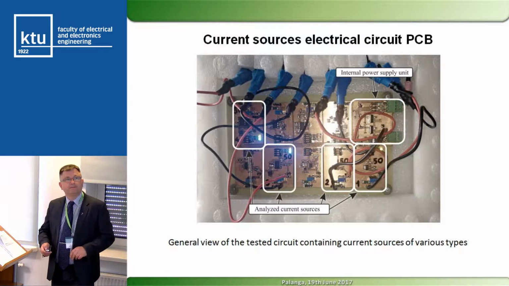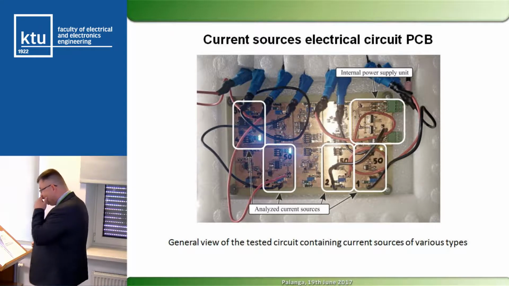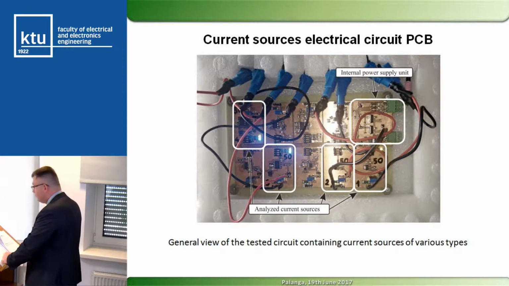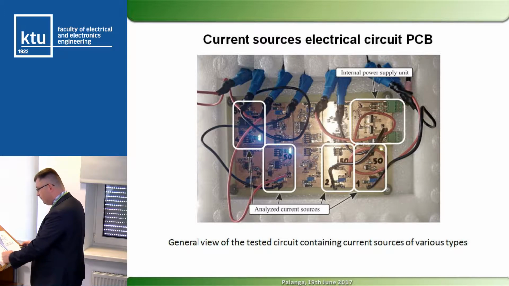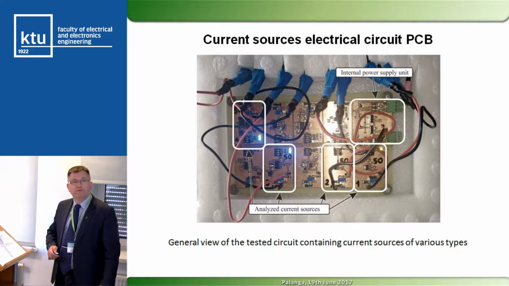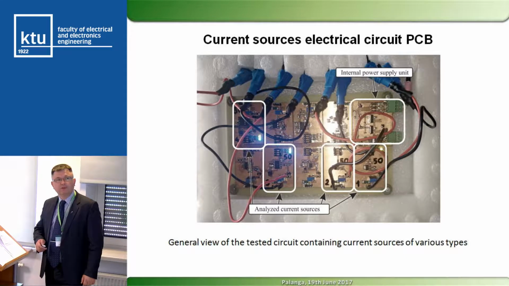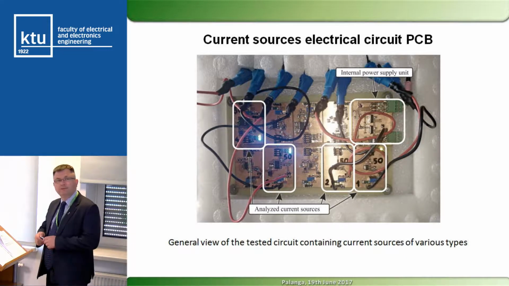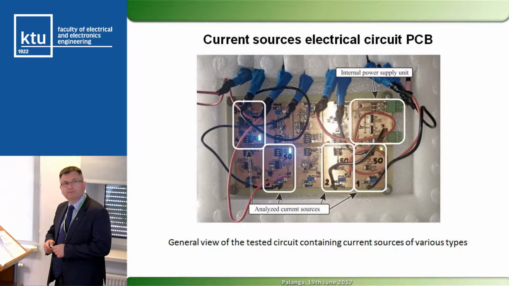Laboratory stand. In this slide we can see the printed circuit board on which we placed several current sources. As I told you before, for the purpose of this research we used only 4 current sources.